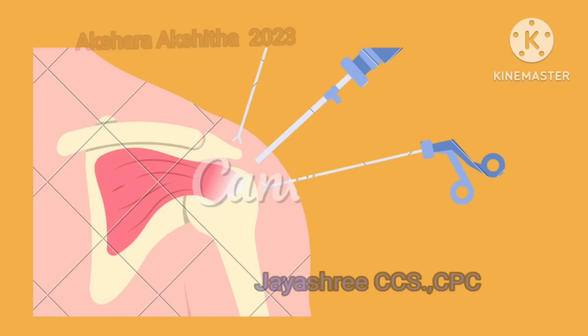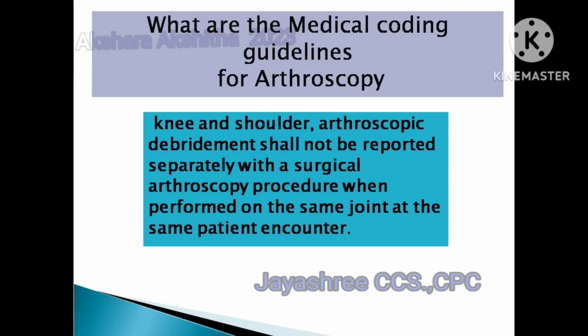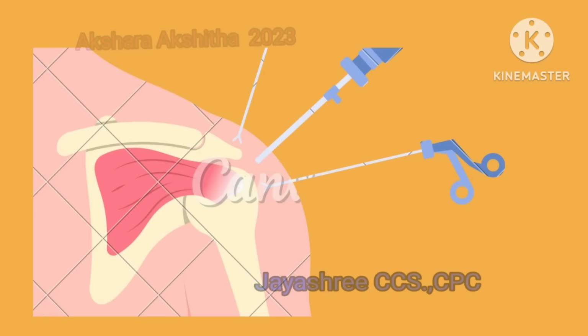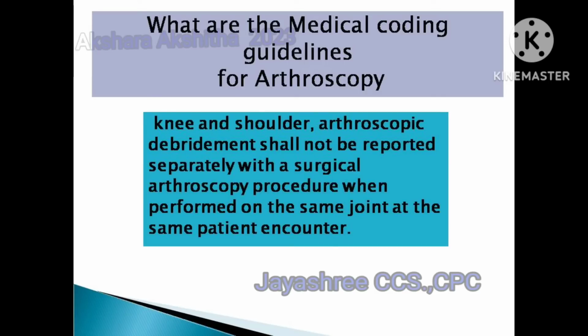We should not bill both codes with the main procedure, but if extensive debridement is performed in a different area of the same shoulder, then we can bill 29823 with the main procedure. We need proper medical necessity to bill that procedure. The doctor has to mention extensive debridement performed in a different area of the same shoulder, then only can we bill both codes together.